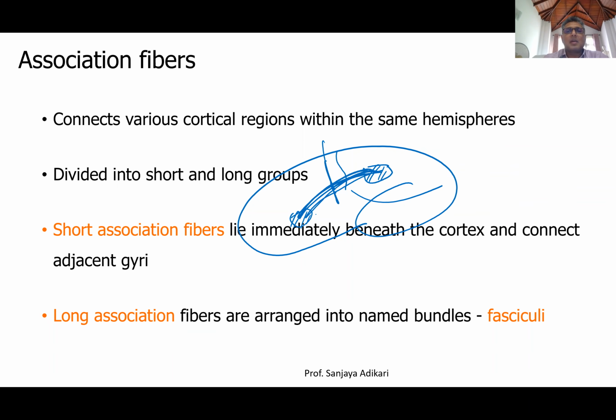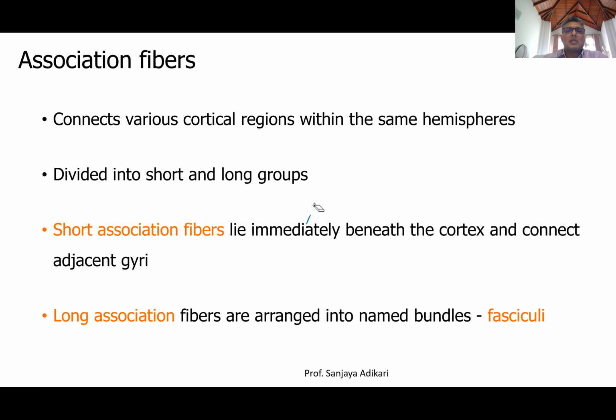This gets disrupted. Then you can understand what will happen to the person's speech. He will have very fluent, very good speech, but it's not relevant to the topic the other person is talking about. It's exactly true. So there is a problem with the association fiber tract, arcuate fasciculus. But that's a long association fiber tract that connects the Wernicke's to the Broca area.